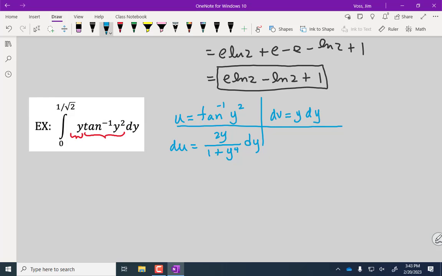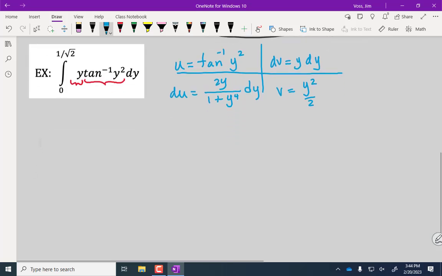Everyone agree with that? So the derivative of the inside of the arctangent is 2y. That goes in the numerator. So that's our chain rule piece. If you take that derivative wrong, you are just going to get into a world of hurt. So again, very, very important to have your basic derivatives with chain rule dialed.